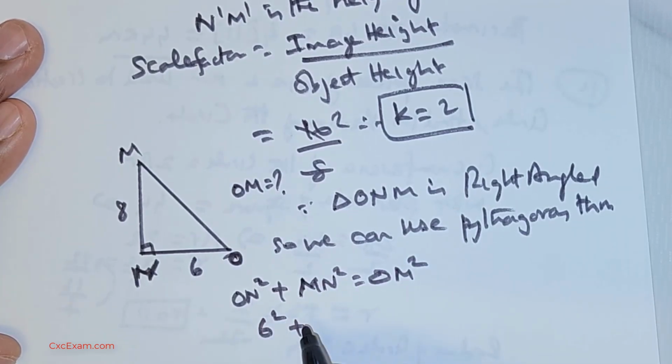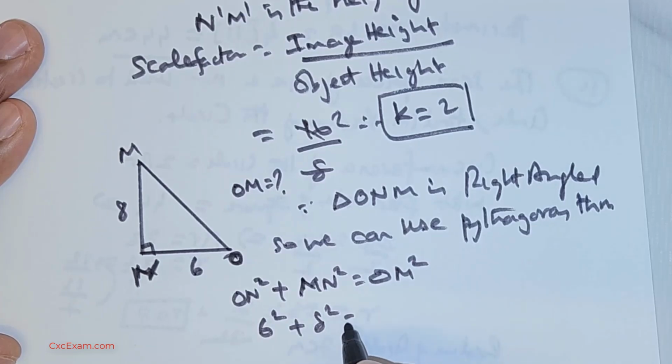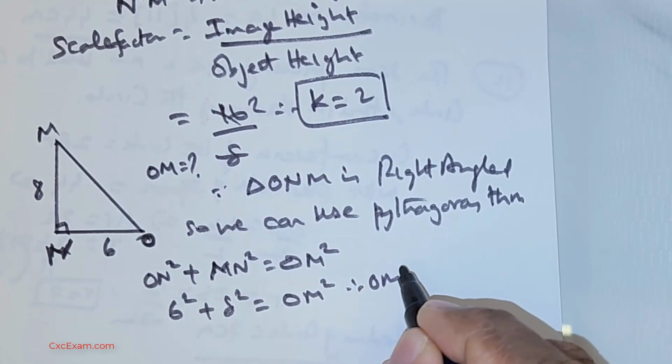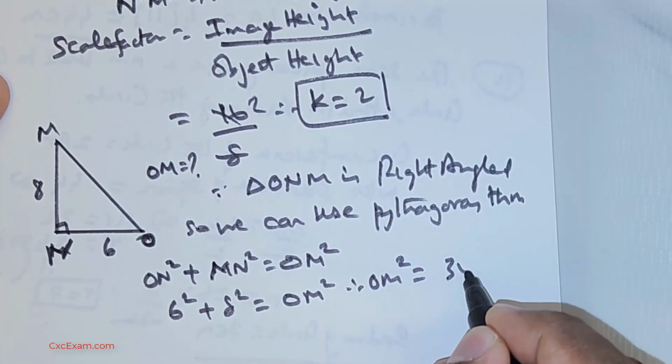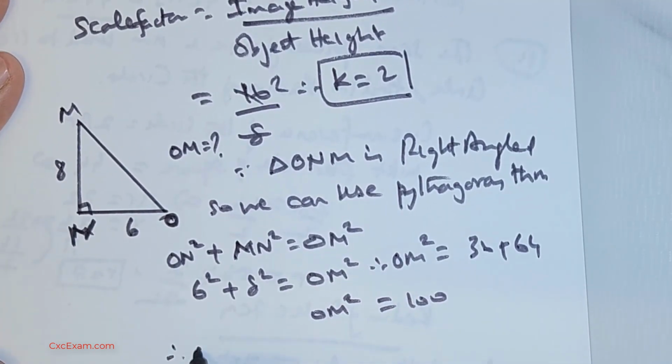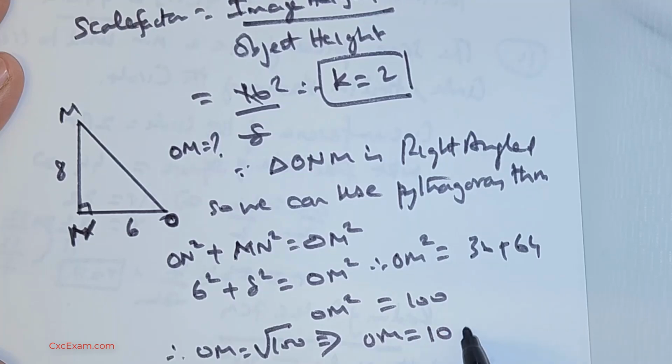ON squared is 6 squared, NM squared is 8 squared, we need OM squared. So OM squared is equal to 36 plus 64, which is 100. So OM is equal to root of 100, which means OM is equal to 10 cm.